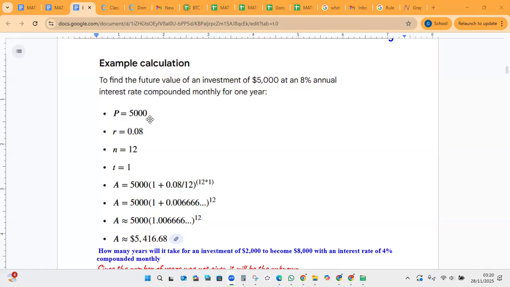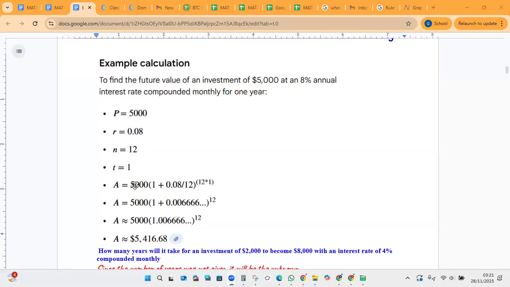P is 5,000, that's the initial amount. R is the interest rate, which is 0.08. R must be placed in decimals. N is equal to 12, because N is the number of times compounding takes place, and that is 12 months a year, and the number of years is 1.